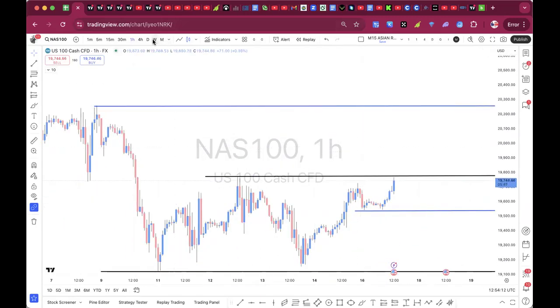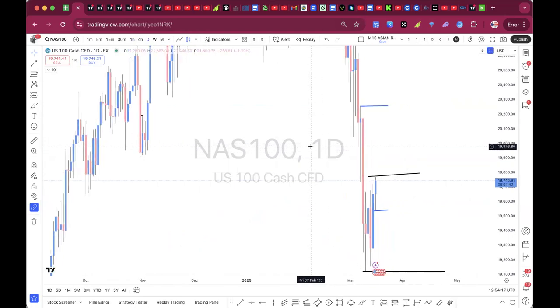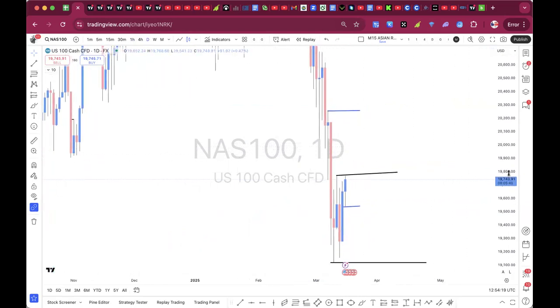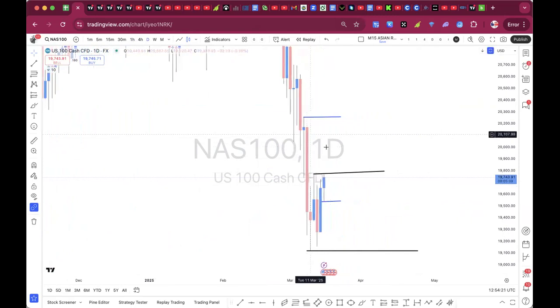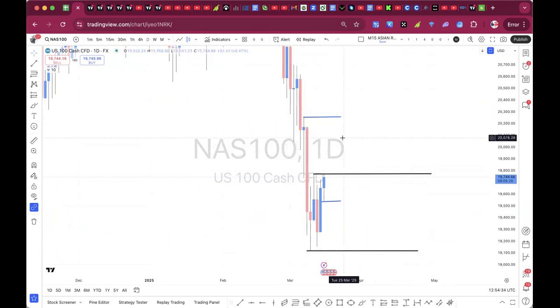Maybe we have to go back to our daily so that I can show you another major key level on the daily time frame. Okay, so this is a major key level on the daily time frame. Even this point. Can we have two connecting lines?